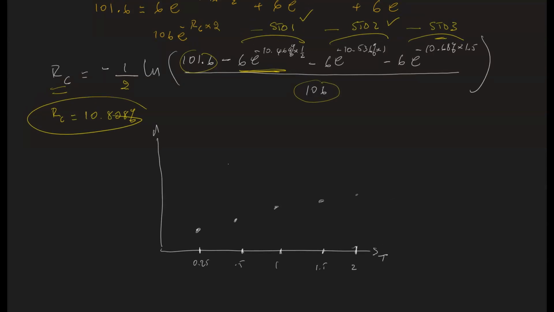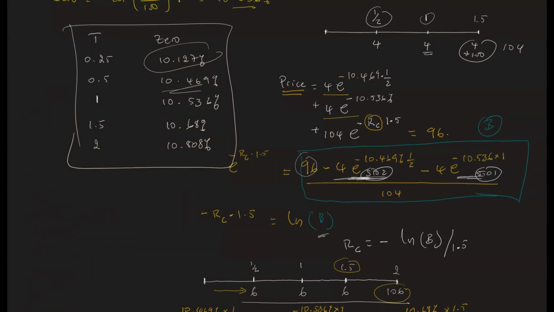So our zero curve would be something like this, where we would start about there, and then we would climb something like that. That would be our zero curve, and those numbers would be derived using the bootstrap method.